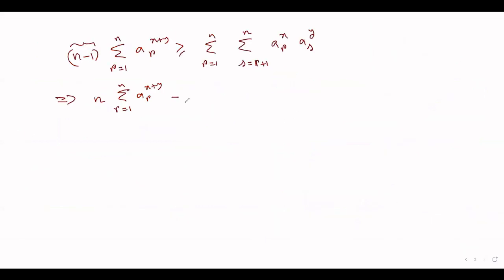So here what I was talking about, multiply n to this entire thing, minus 1 times this entire thing, and I'm going to transfer that. Okay, let's write the term first. The sum r equals to 1 up to n, ar to the power x plus y, greater or equal to the sum r equals to 1 up to n, s equals to r plus 1 up to n, ar to the power x, as to the power y. Okay.